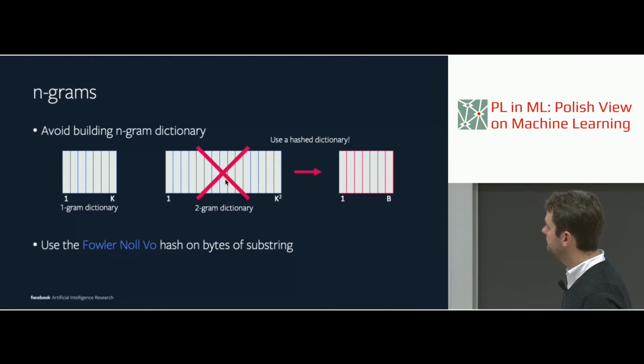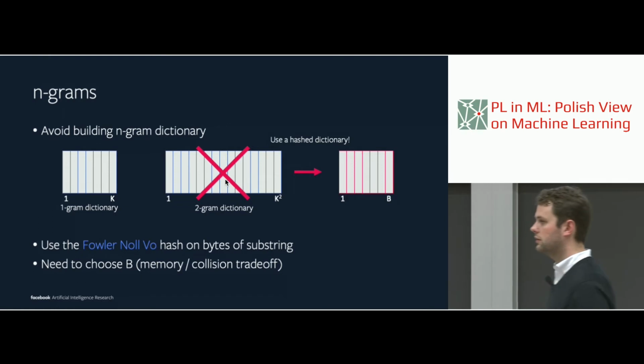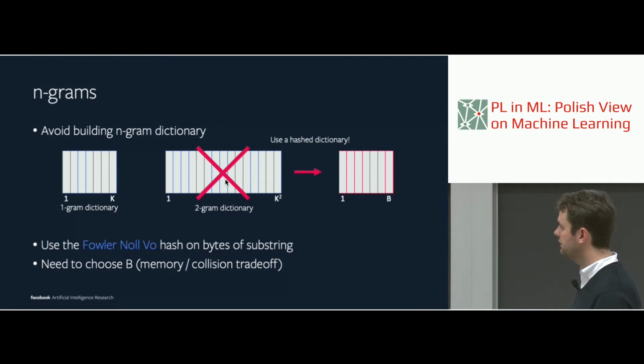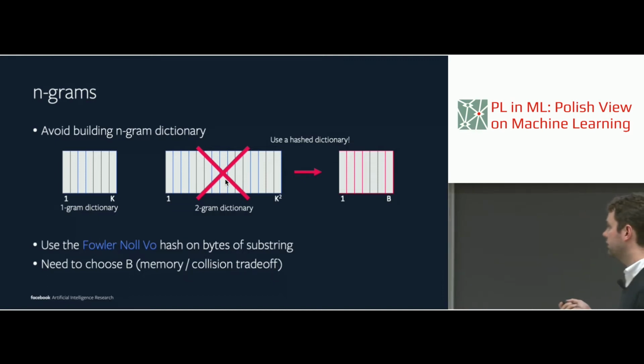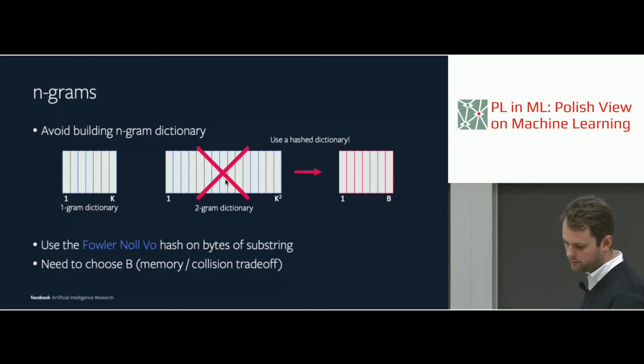And there is a trade-off here, because you need to find a trade-off between choosing B large enough so that there's not much collisions in this hash table, and at the same time that you don't explode memory. In the end, in practice, we use B roughly 2 millions. There are collisions, and these collisions actually don't hurt performance that much.